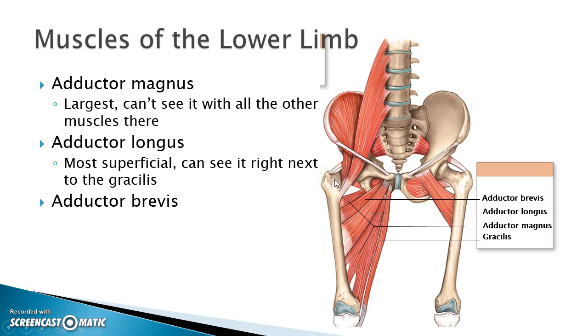The other muscles that we see here are the adductor muscles. We have adductor magnus, adductor longus, and adductor brevis. The adductor magnus means it's going to be the largest muscle, and we can see part of it here, and part of it here, which means that it also goes behind these other muscles.